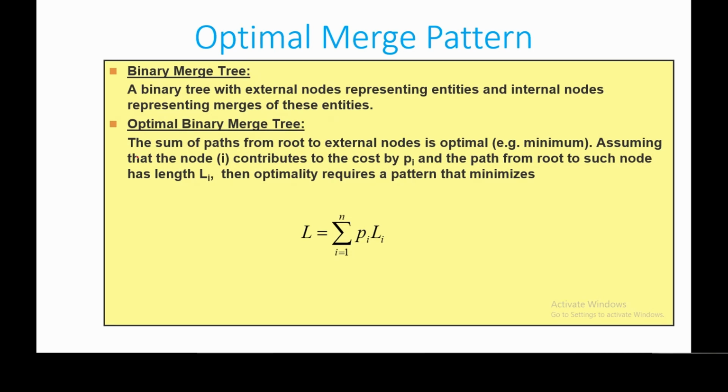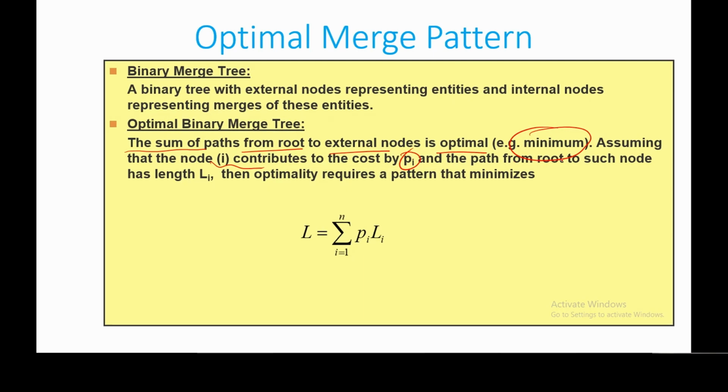So the sum of paths from root to external nodes should be optimal, that is the minimum one. Here the optimization is minimization. Assuming that node i contributes to the cost Pi, no, it is not the cost here, it is the path length from the root node.